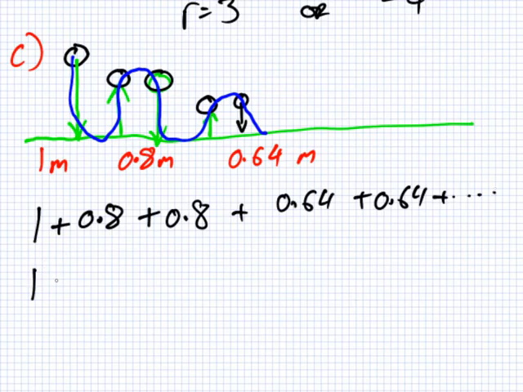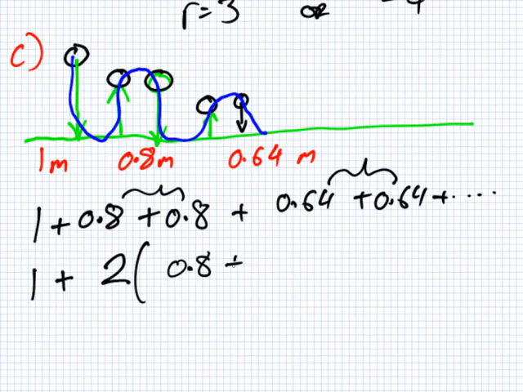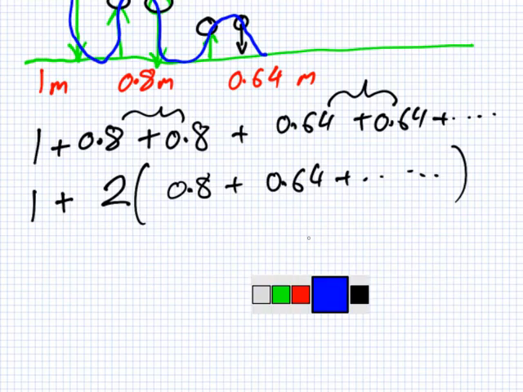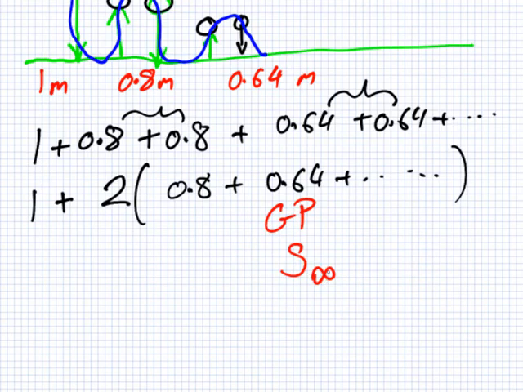So that would be 1 plus 2, because each of these are in pairs, (0.8 plus 0.64, etc.). This here is GP. In fact, it's infinite GP, with the a equals 0.8 and the r equals 0.8.